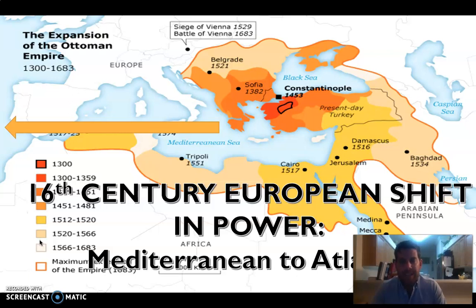But the fall of Constantinople meant that that Mediterranean world was no longer viable. There was a foreign power in the eyes of Westerners who controlled considerable amounts of that Mediterranean world. And so there's a tremendous shift in economic and political power from the Mediterranean, right? From places like the Italian peninsula over to the Western empires because of their geography.